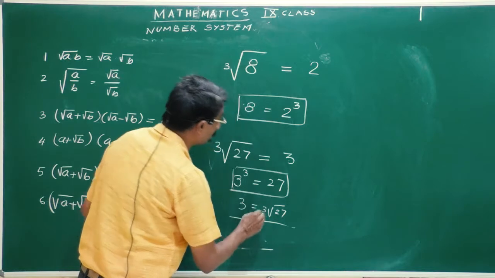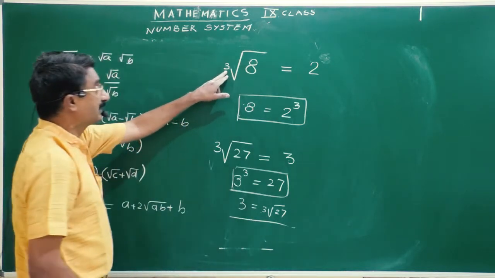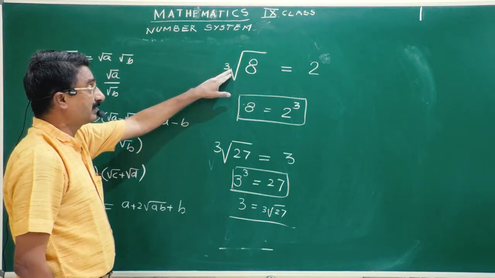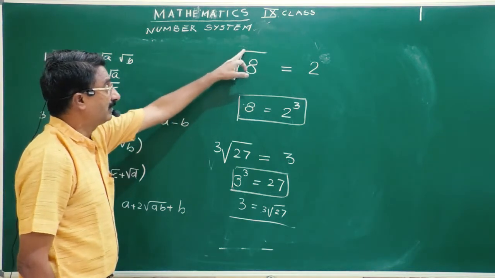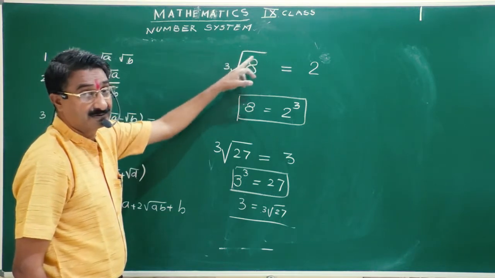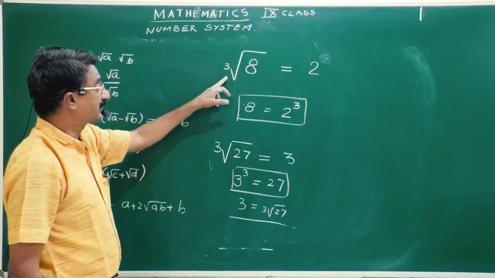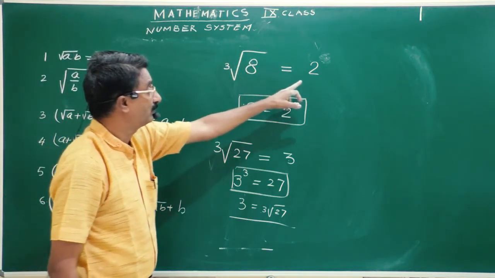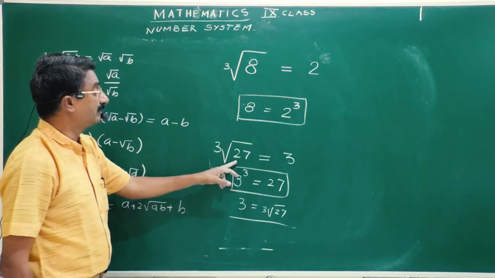The method of writing is: 3 is a small number written just ahead of the root sign, and the value under the root. This is called the radical sign. Clear? Cube root of 8 is equal to 2, cube root of 27.